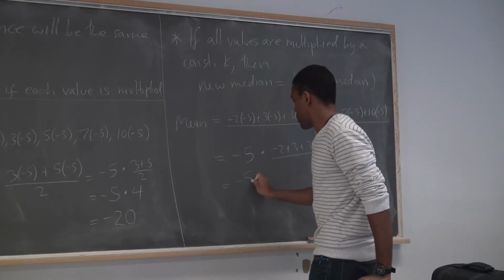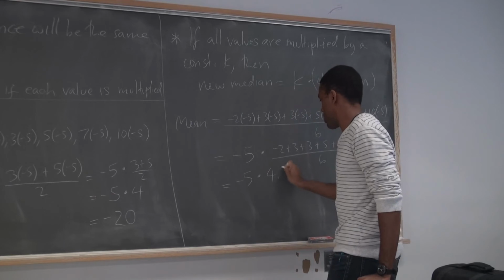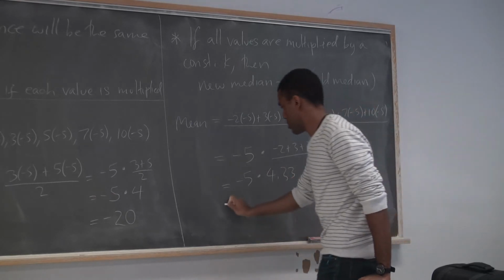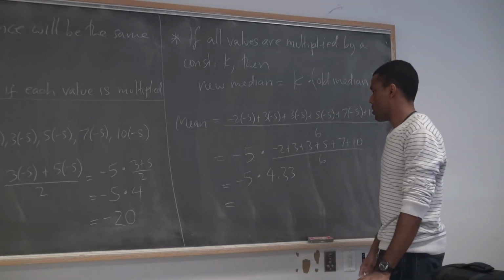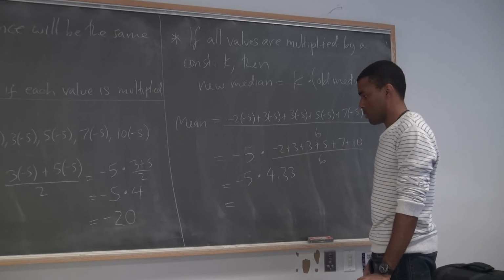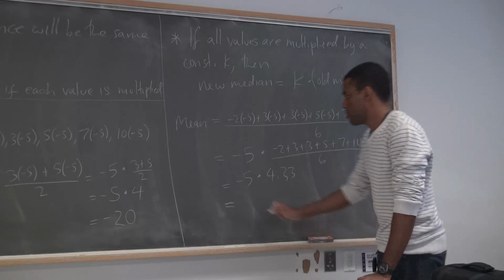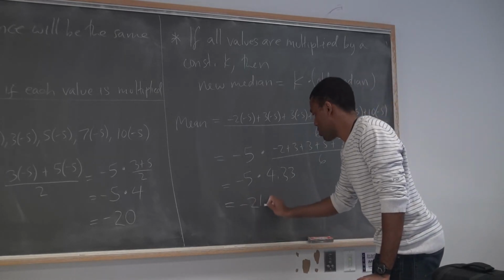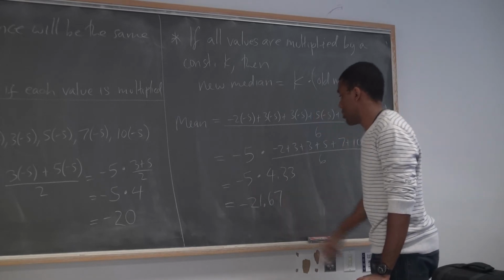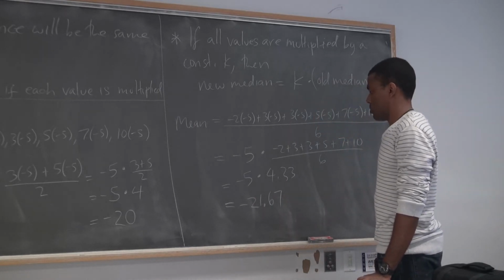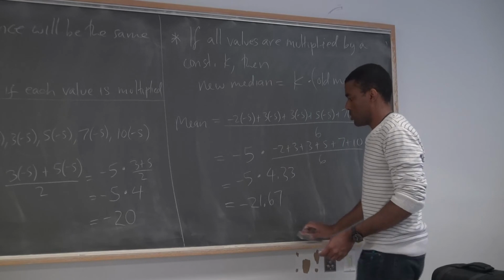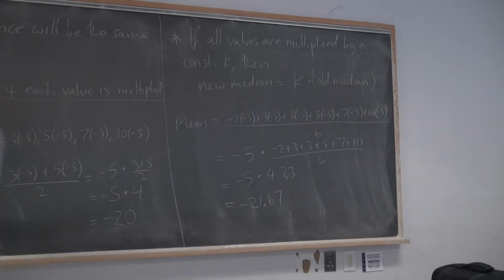So this is just minus 5 times 4.33. So that's what? 21.67. Minus 21.67. Okay, so general rule here. You multiply the mean as well by the constant.